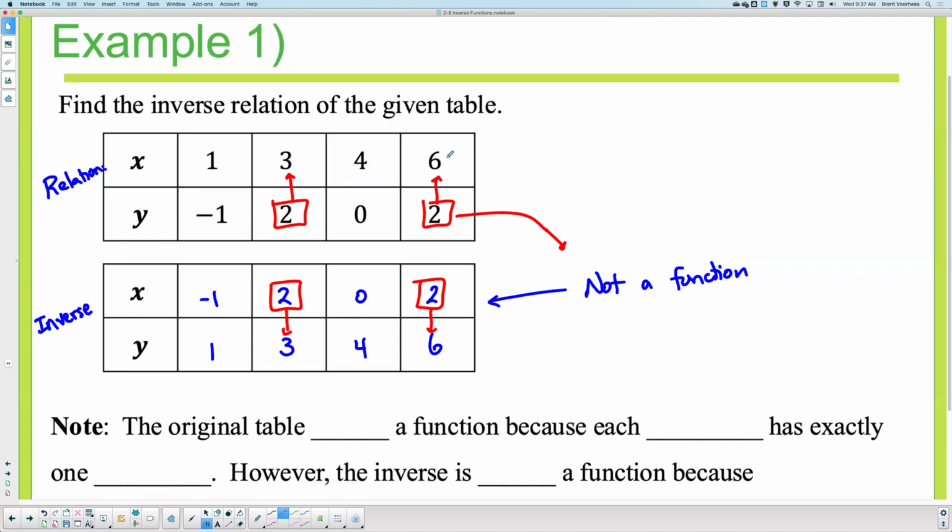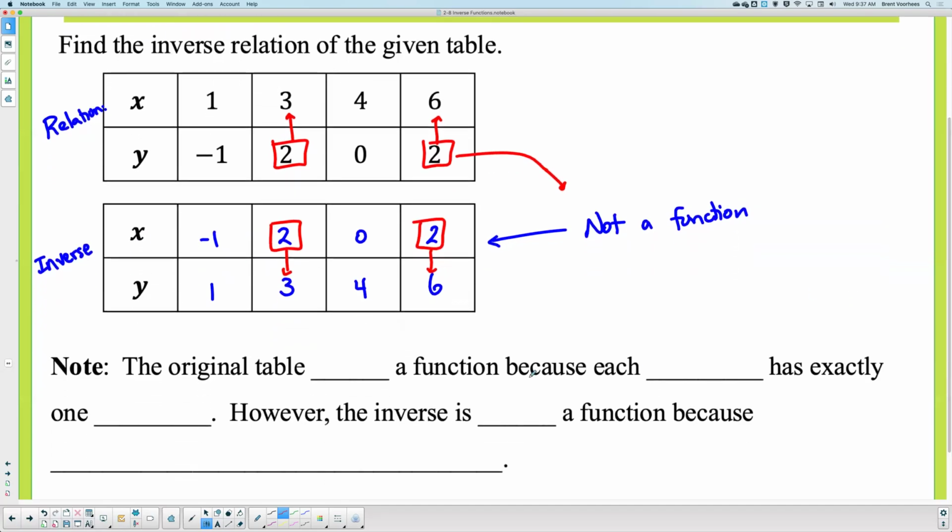Okay, so that test that I was giving you, you test on the original relation, not on the inverse itself. So here, the original table is a function because each x value has exactly one y value.